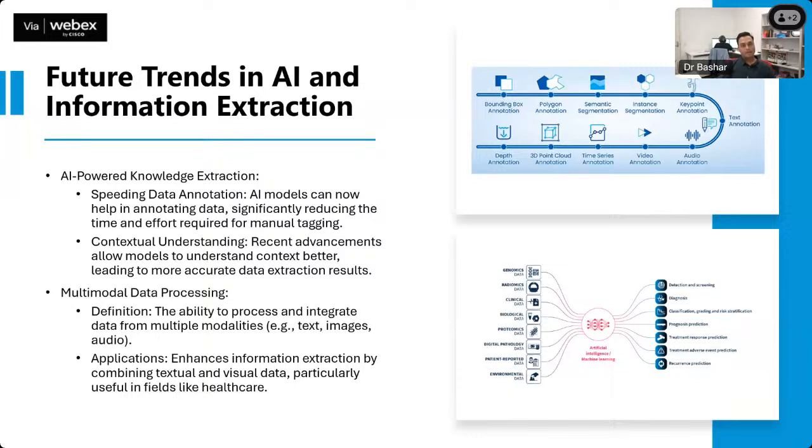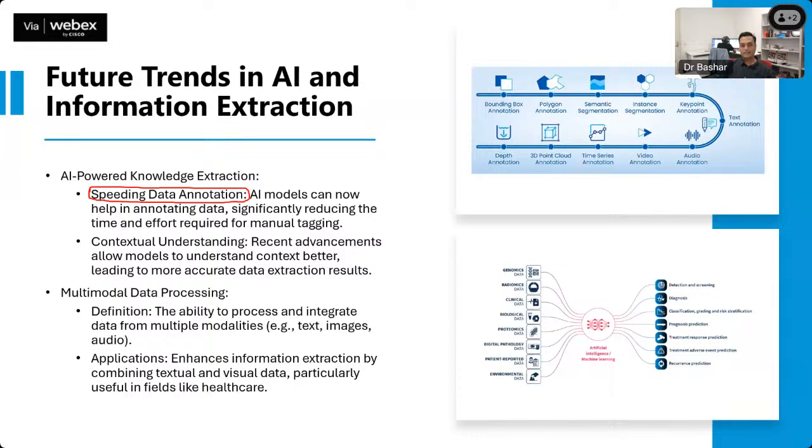Future trends in AI and information extraction would be seeding your data annotation, because it can extract information that can help you train different kinds of models. There are concepts like informed neural networks, where adding extra information can increase the accuracy of your model, right?